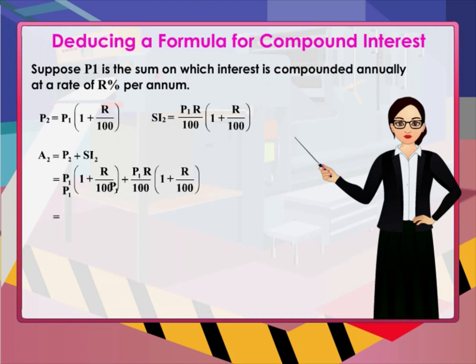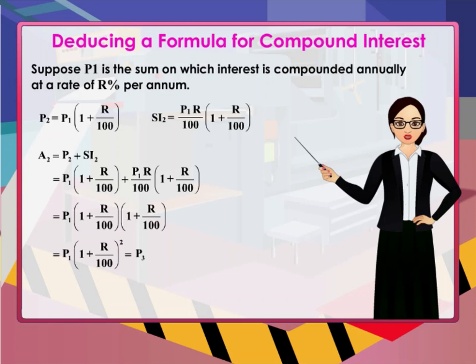Taking P1 into 1 plus R by 100 commonly outside, we get P1 into 1 plus R by 100 into 1 plus R by 100. Here, 1 plus R by 100 occurs 2 times, so we write it as P1 into 1 plus R by 100 the whole square. We consider this as P3.